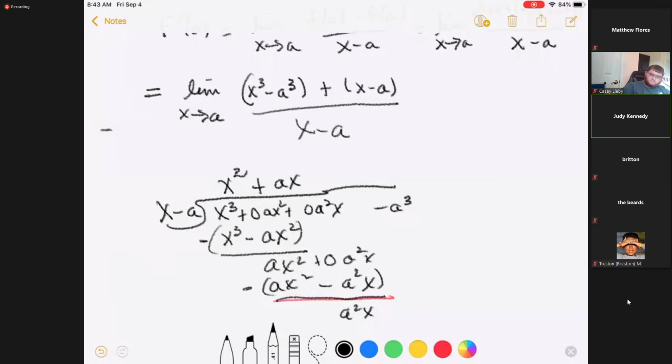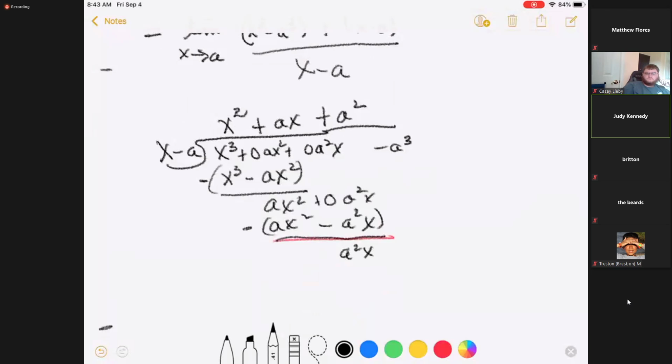All right. So then x minus a goes into a squared x, a squared times, and a squared times x minus a is a squared x minus a cubed. And we have the minus a cubed brought down from above. That's 0.